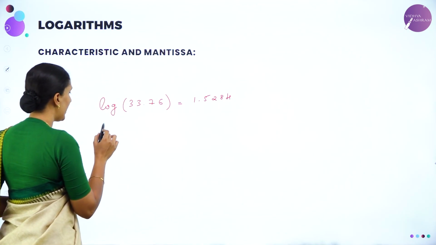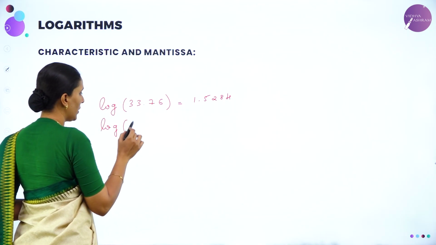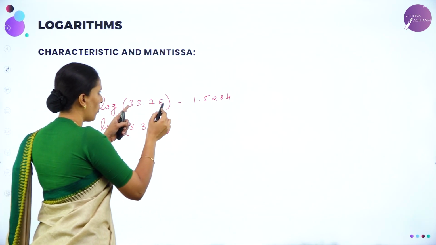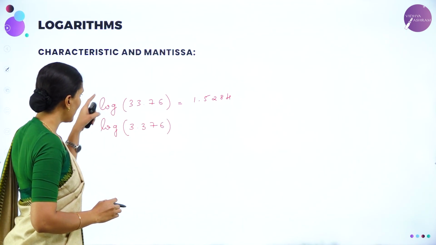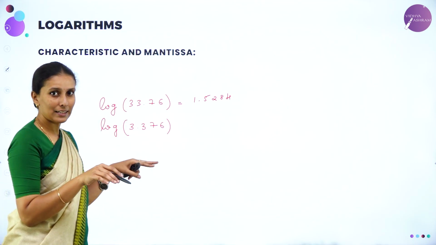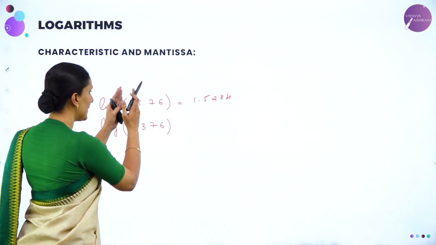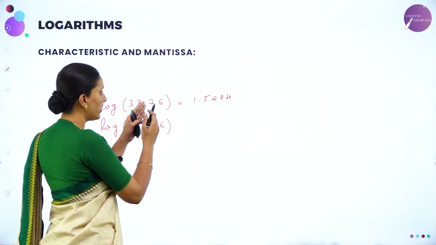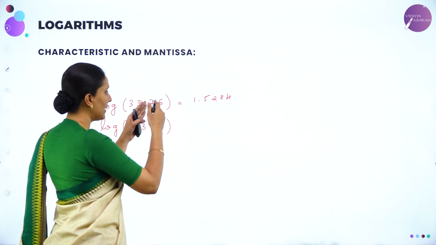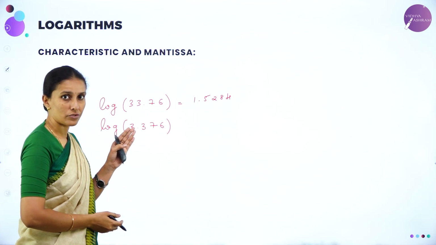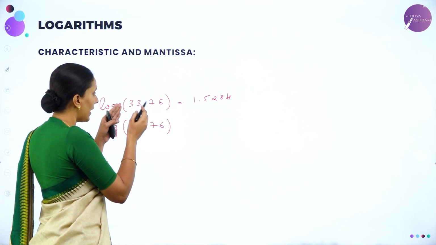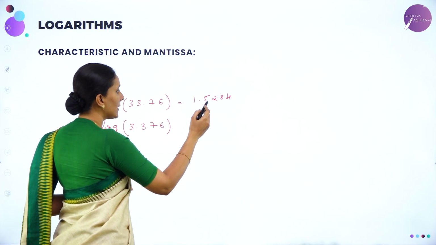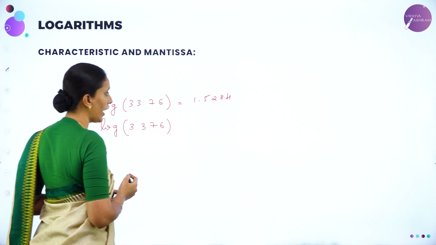1.5284. Now if I take the same log value as 3.376, see, the first 4 digits are the same. So when you're taking the log value, you need to neglect the decimal point and you should consider the first 2 digits towards the row and the next digit in the column and the 6 in the column of mean differences. So you should always take this as 3376. Now you will get 1.5284.